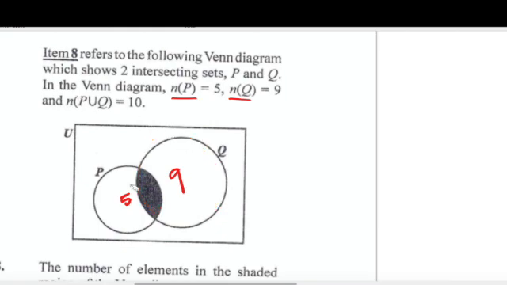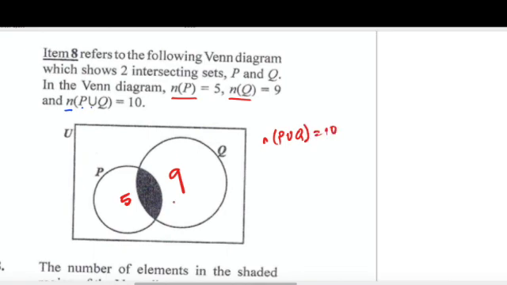However, the number of elements in P union Q means everything in Q and P, this whole section here, all and everything inside of there. Everything inside of there adds up to 10. So the number of elements in P union Q is 10.